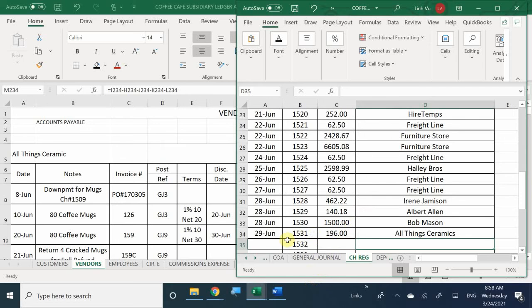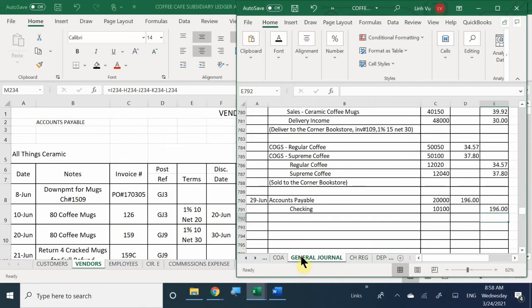Okay, so we have check number 1531, general journal. So what are we gonna write here? What's my description? All Things Ceramics. Invoice number 126, check number 1531. Perfect. All Things Ceramics. Invoice number 126.